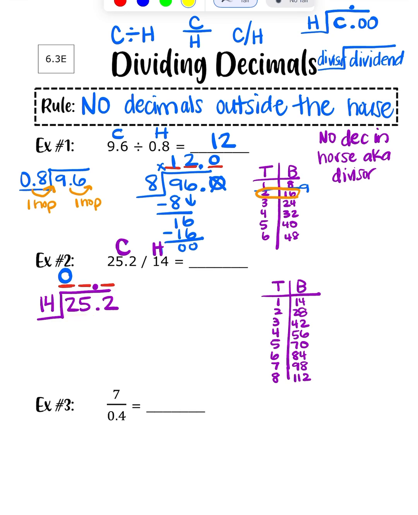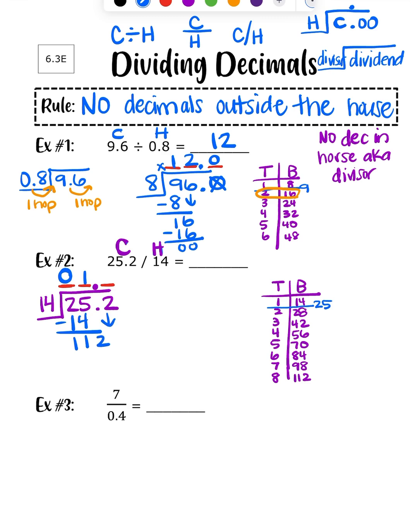Where would 25 fall on my list? Well, 25 would be right in between 14 and 28. So we look above and we say how many times? 1. So 1 time on top, 14 goes on bottom, and I subtract. 5 minus 4 is 1, 2 minus 1 is 1, and I bring down my 2.